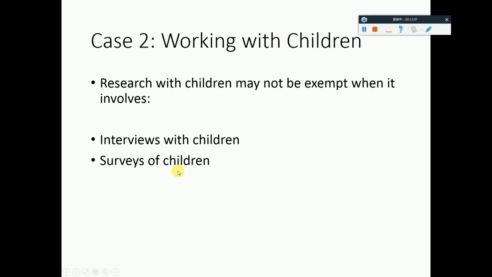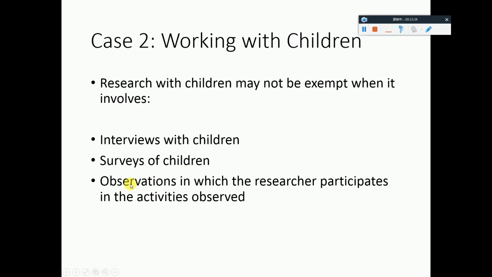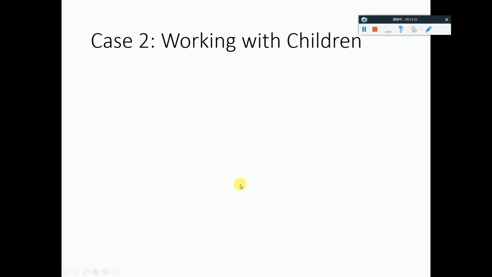If you recall, this is actually an intervention because children will be receiving some type of questionnaires, either online or paper and pencil questionnaires. Or researchers observing children, but in those observations, the researcher will participate in the activities observed. What does that mean? Let's look at some examples.